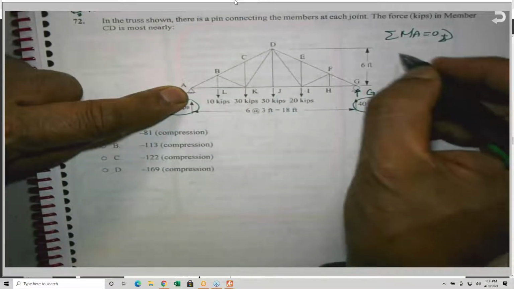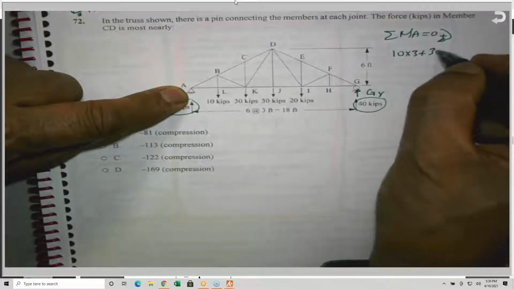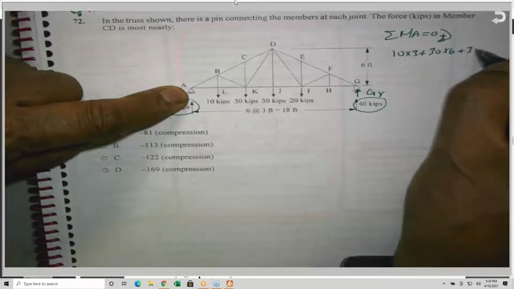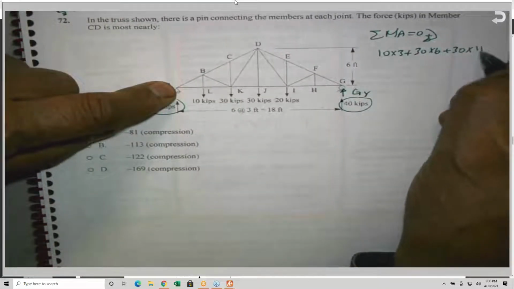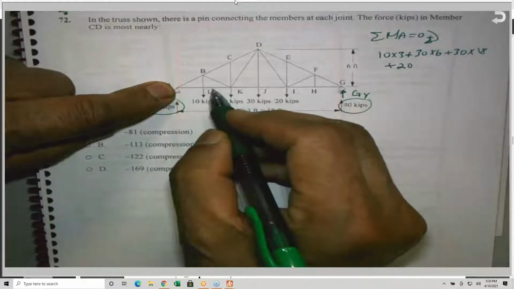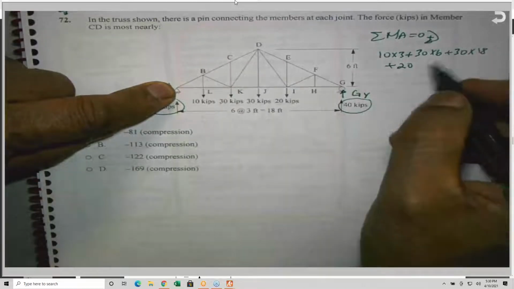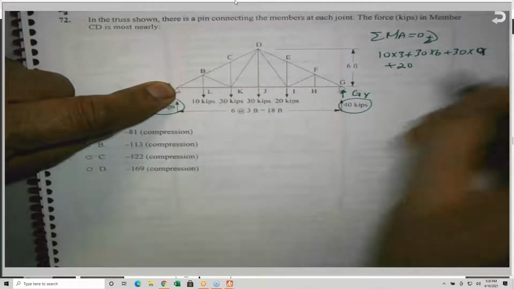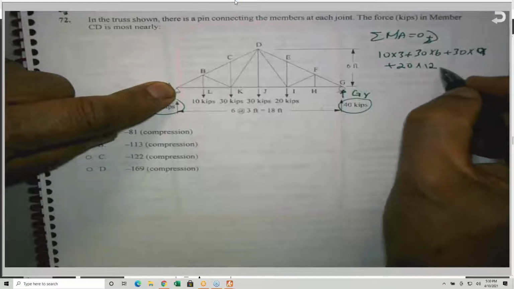So I have 10 times 3, plus 30 times 6, plus another 30 times 9. No, I made a mistake, it's not 18, this is 9. And plus 20 times 12. Okay.